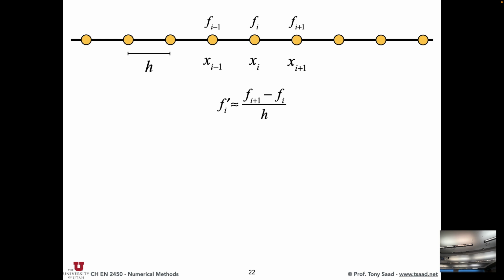And this forward approximation, if you have discrete data like this, you can evaluate the derivatives at every point using the value at i and the value at i plus 1. So you can evaluate the derivative at point i using the values at i and i plus 1, okay?